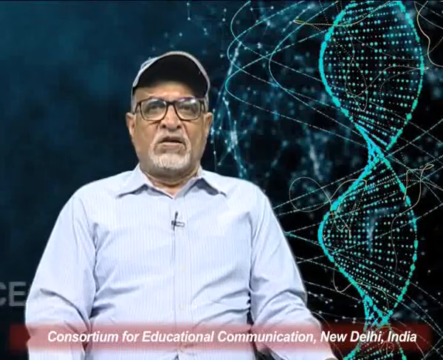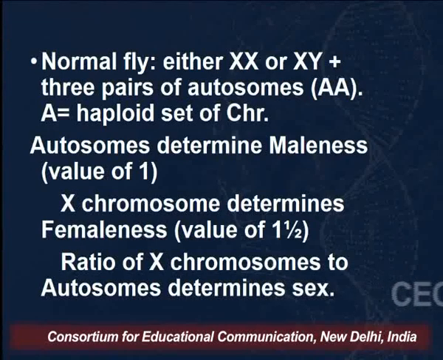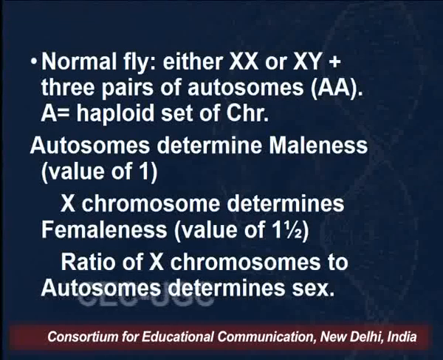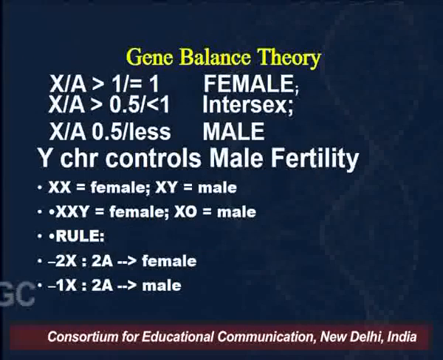The normal fly is either XX or XY, and there are 3 autosomes, and the X chromosomes are going to determine the femaleness. As I said before, the fundamental point is the ratio of X chromosomes to the autosomes.